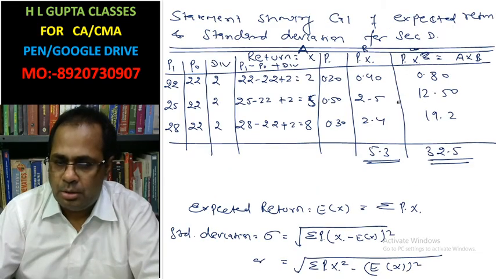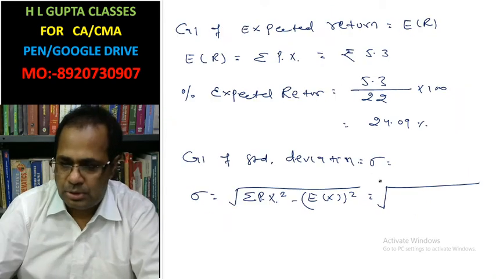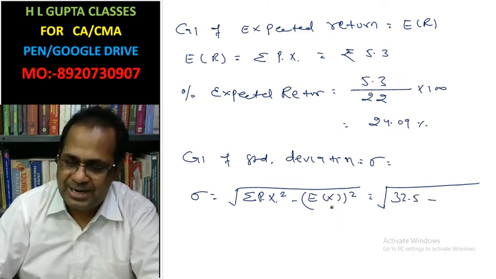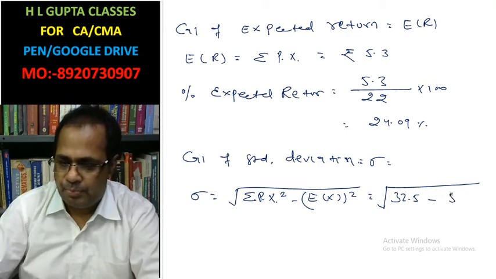Look at it. Summation PI XI X square is 32.5, minus expected X, 5.3, whole square.